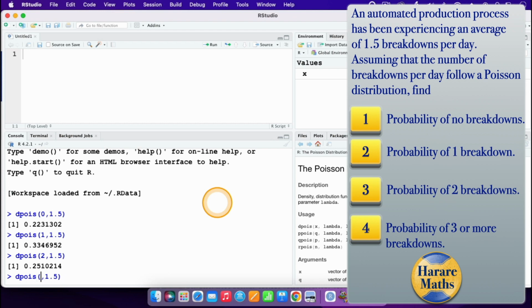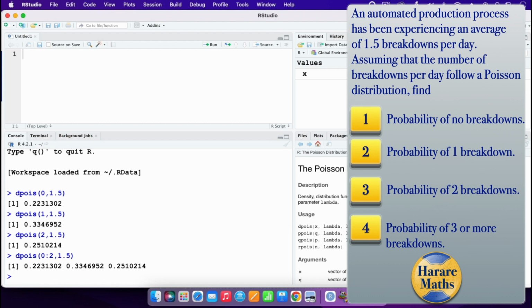So if I put it as a vector 0, then colon 2, then I will go on and press enter. So it gives us the 3 probabilities. The first one here, the probability that x is equal to 0. The second one, probability x equals 1. The third one, this one here, the probability x equals 2.